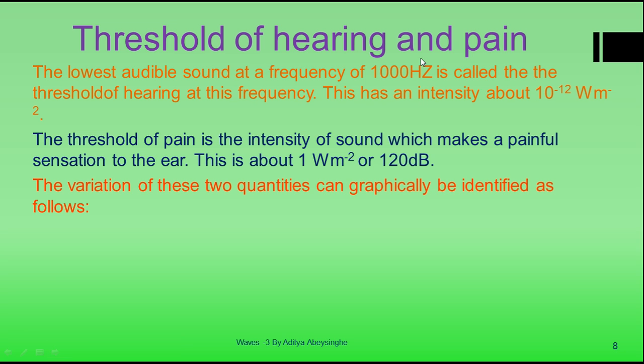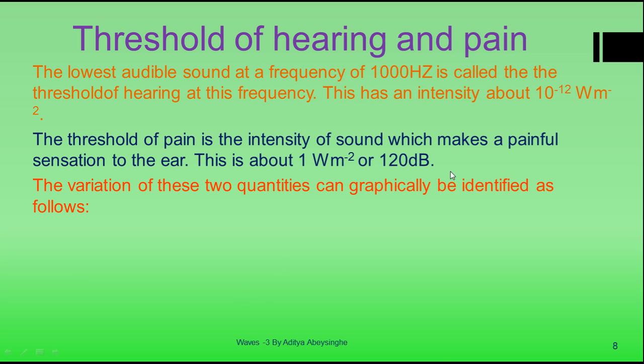So that frequency is 1000 hertz, and the intensity for such a sound is 10 to the power minus 12. So that's the minimum sound a human ear can hear, and the maximum sound that a human ear can hear is called the threshold of pain, the intensity of sound which makes a painful sensation to the ear. That is about 1 watt per square meter.